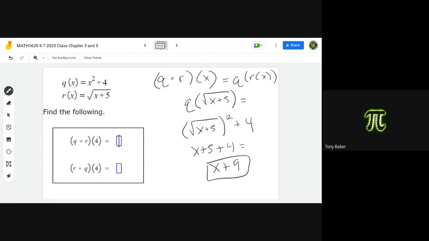I can compose 3 functions. So if there were 3, you could do 3. So it could be Q of R of H of X. You could do that, and then I could tell you X is 5, and then you could plug that into that problem. So in this case, X is 4. So if we did 4 plus 9, you get 13, which is what we did before. So you can have them find you the X term, or they give you a value for X and you have to plug it into that. That could happen.